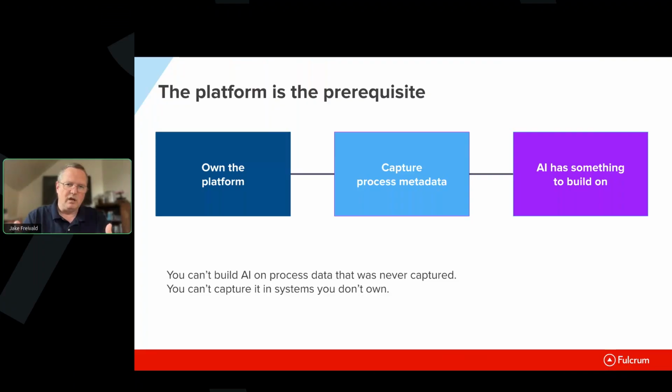So you need to own the platform, you need to capture the process metadata, and that gives AI something to build on. If you don't have a place where that information is captured, then the AI can't build out processes. And of course, you can't capture this information for yourself in an AI that learns about what you do if you're doing it in systems that you don't own.